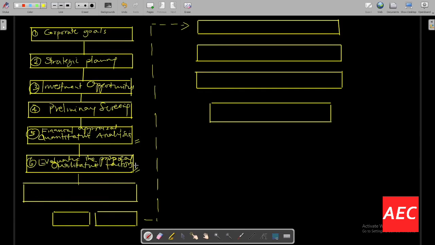So companies pursue a lot of objectives. Some of these objectives are financial in nature, while others are non-financial. Therefore, the company may decide to use certain qualitative factors to appraise the investment project, basically by asking certain kinds of questions.